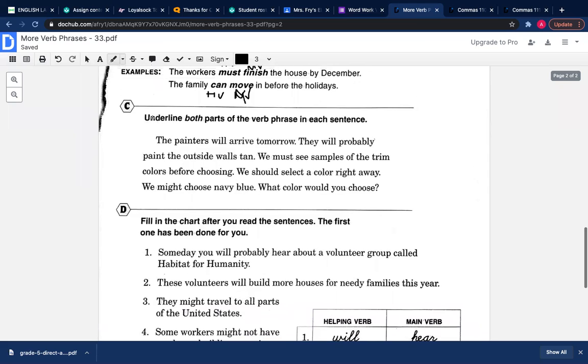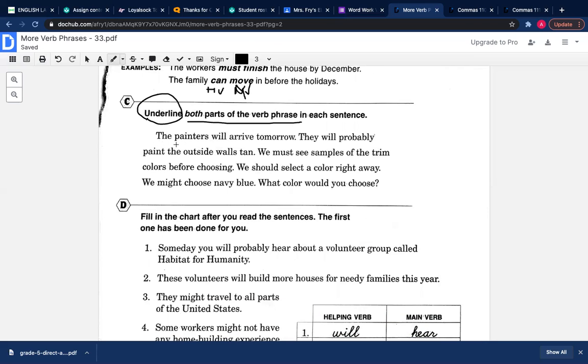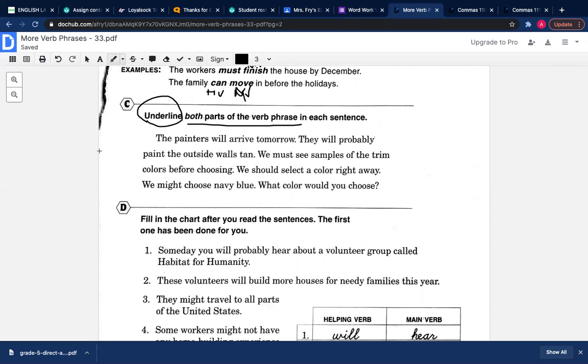All right, in part C, we need to underline both parts of the verb phrase in each sentence. The first one says, the painters will arrive tomorrow. Okay, it says in our directions that we need to underline both parts of the verb phrase. So I'm looking for the helping verb and I'm looking for the main verb. The painters is our subject.